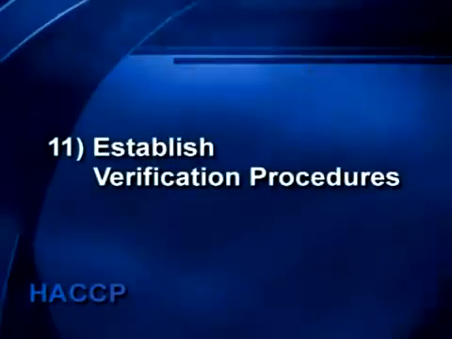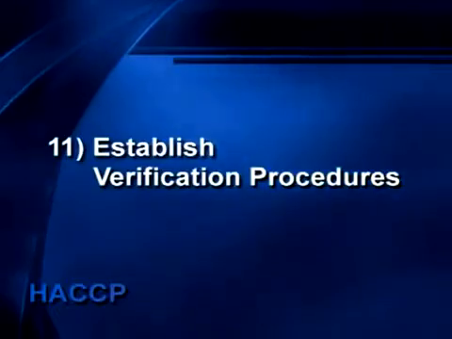Step 11 of setting up your HACCP system is to establish verification procedures. Once your HACCP system is in place, have it critically reviewed. This can be done by quality assurance personnel, corporate food safety, or outside consultants. There are several ways to verify a HACCP system.